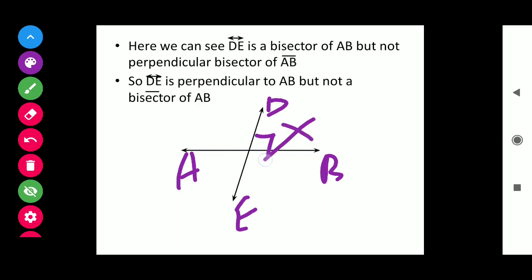This is not a 90-degree angle. So here DE is a bisector, but it is not perpendicular. When both happen together, perpendicular and bisector, then only it is called a perpendicular bisector. Otherwise it will not be called that.